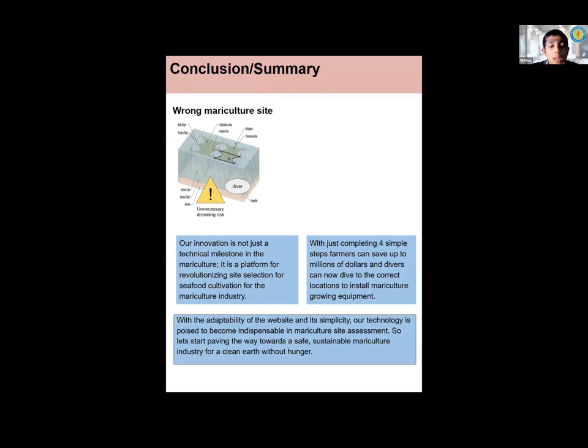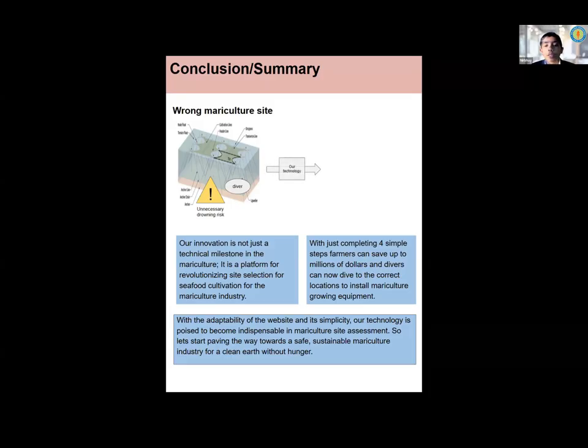So here is the animation. Without the use of our technology, it is more probable that the mariculture farmer would select an incorrect site and thereby lead to an unnecessary drowning risk and financial losses.